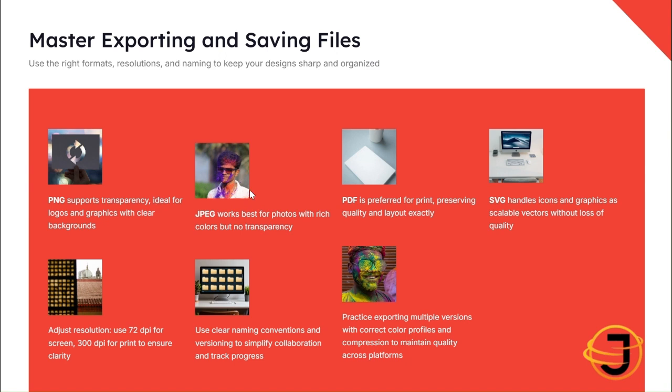But when you use PDF, the quality doesn't reduce. It preserves the quality, the layout, and everything. Then we have SVG. This is for icons. A lot of icons come in SVG.